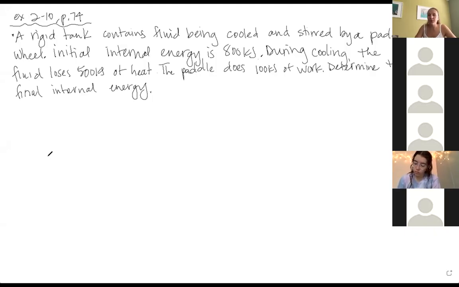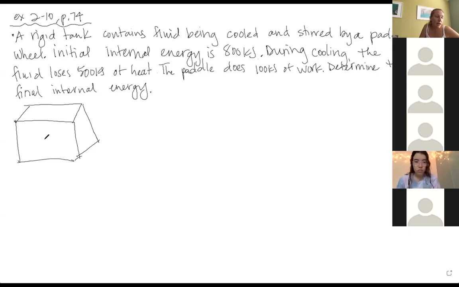So I already showed you the schematic of the picture, but whenever I work problems, I just said this in Fundies for whoever had me for that about 30 minutes ago, I always draw a schematic first and I include what we know and what we don't know. So we have some sort of tank that is being filled with a hot fluid, and it is being stirred by some sort of paddle wheel system.